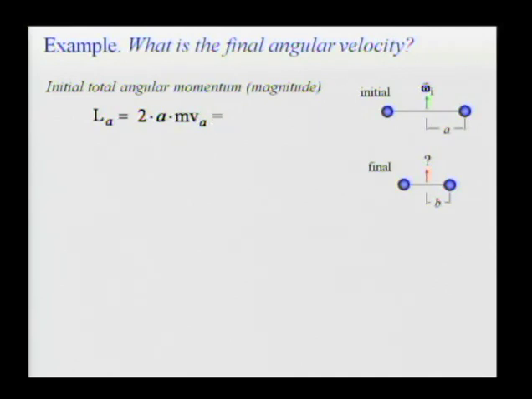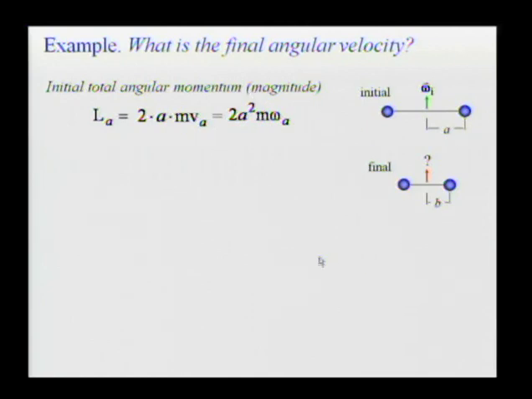What is the angle between position vector and velocity? 90 degrees. Sine of 90 degrees is 1. So this is the angular momentum of a single particle. The second particle has symmetrical angular momentum, so the magnitude of the total angular momentum is just that expression.